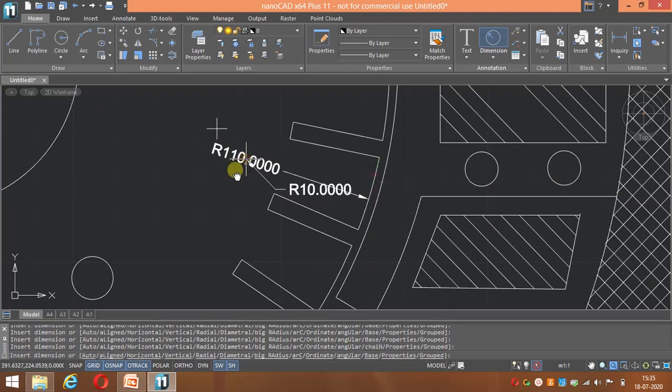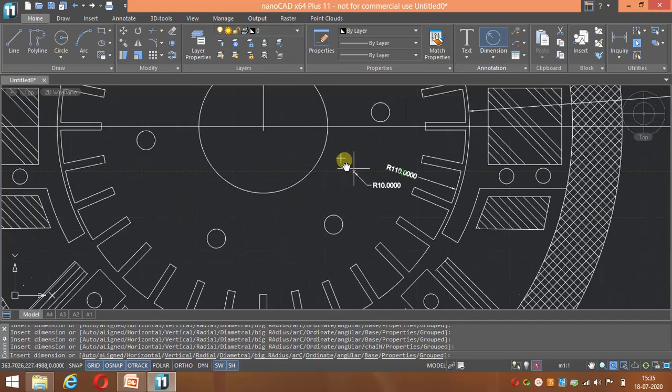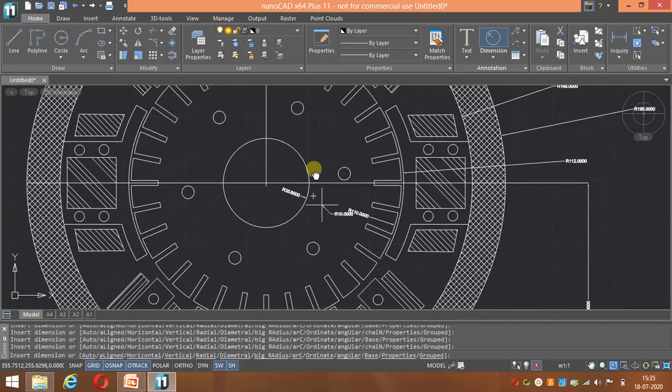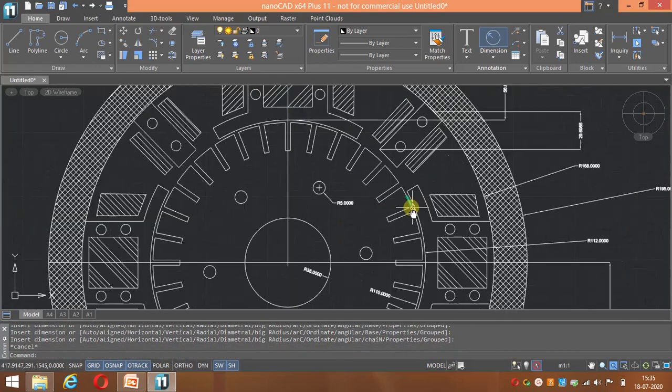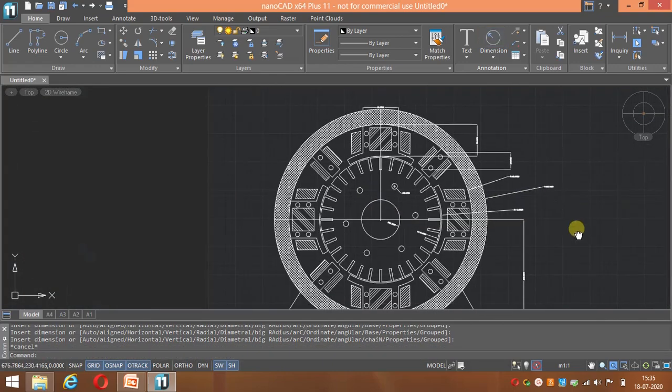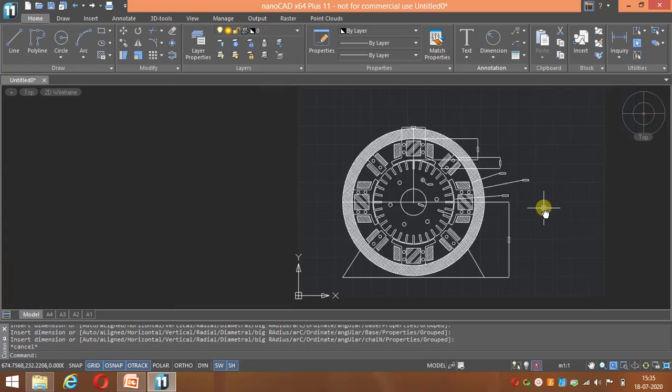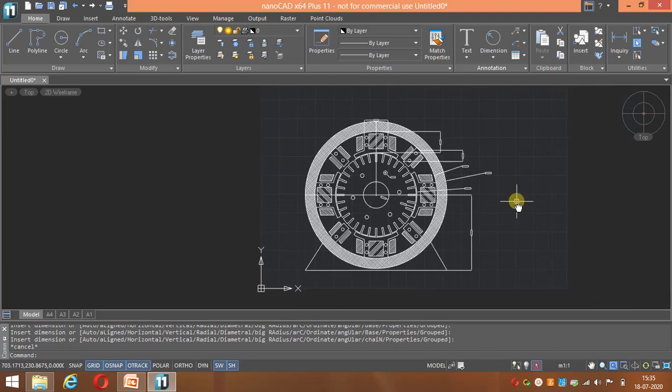Radius of the armature, and then radius of the shaft, and this is the radius of ventilating holes. Okay, and now this is your end view of a DC generator.